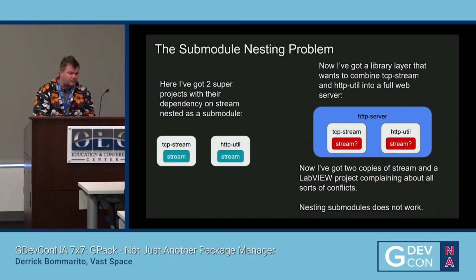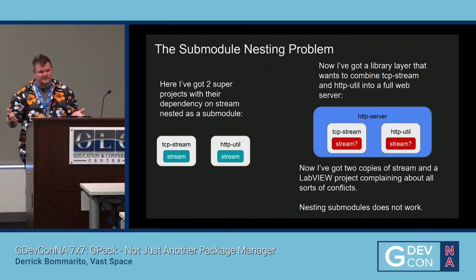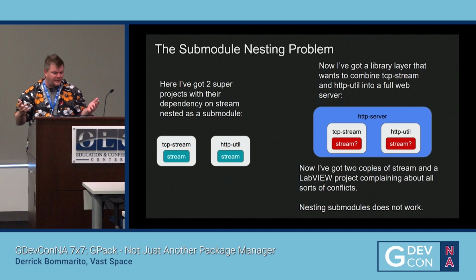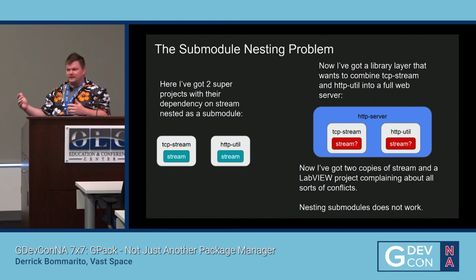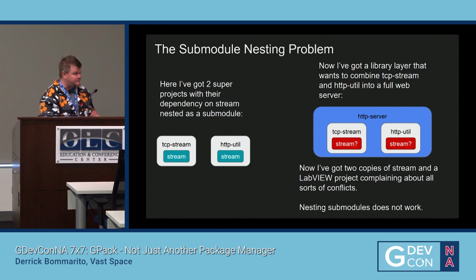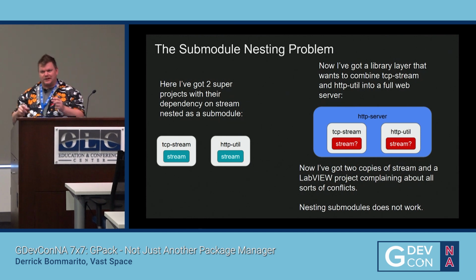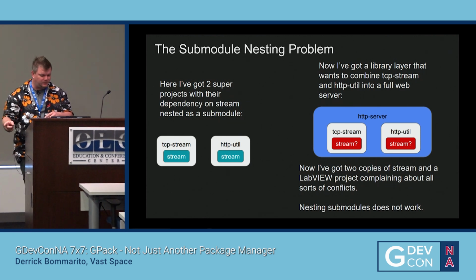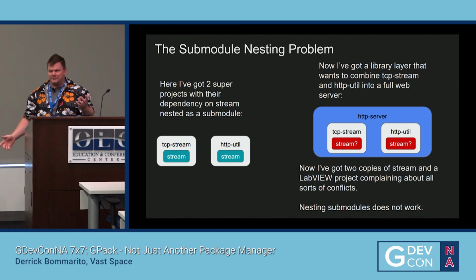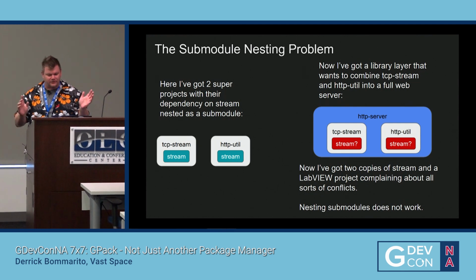So the submodule nesting problem: one of the basic things suggested is to just nest your dependencies under your repo. Then you get into the situation where I've got two repositories that depend on the same dependency, and I want to combine those into a higher level repository. Now I've got two copies of things, conflicts, things aren't happy.